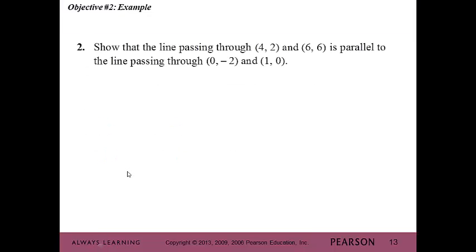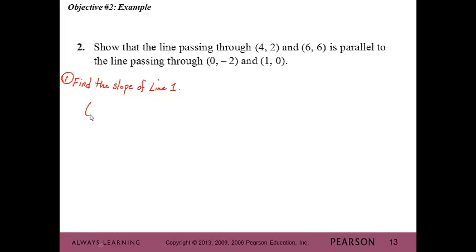It says show that the line passing through points 4, 2 and 6, 6 is parallel to the line passing through 0, -2 and 1, 0. So the first thing we need to do is find the slope of the first line. So I'm going to call it line 1.